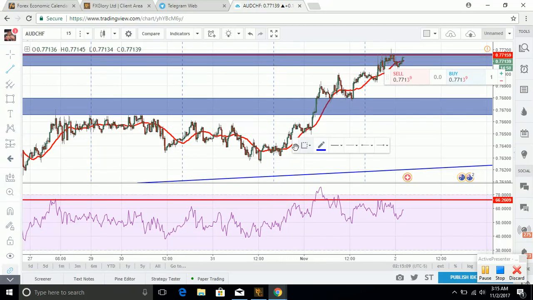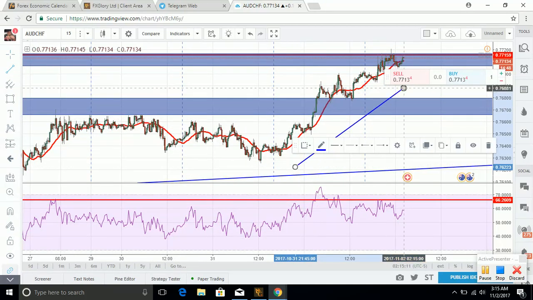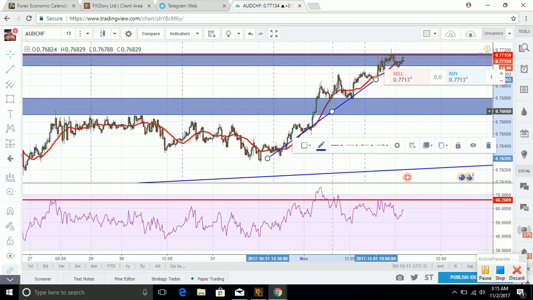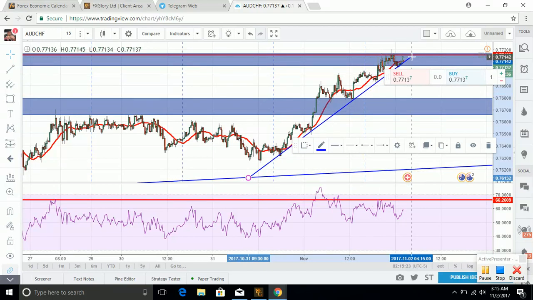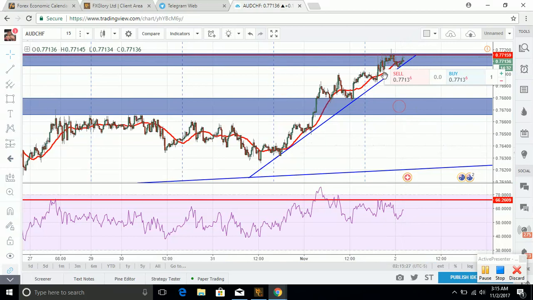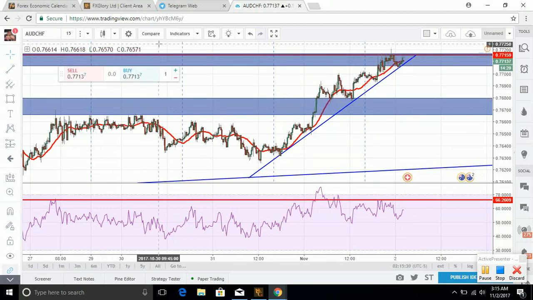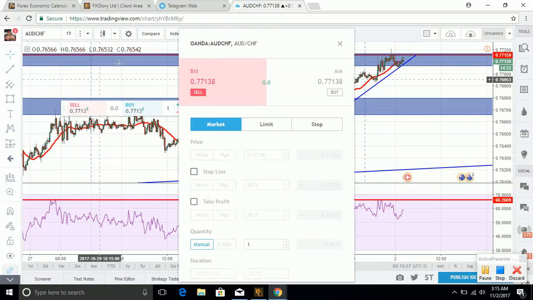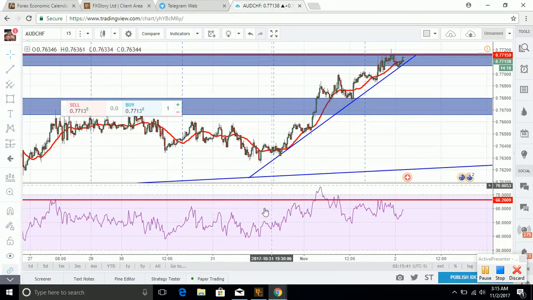Now that we are in, and we know the trend, let's take the trend line from here to here. Okay, shoot. Let's zoom in.